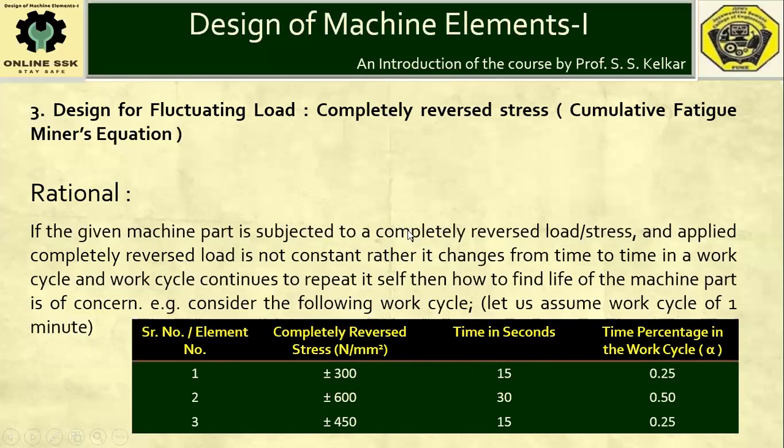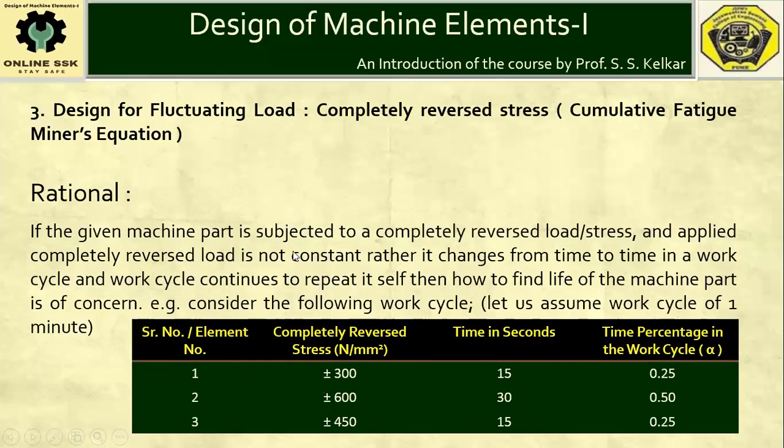Then the applied load changes and accordingly the induced stress changes to the value of plus minus 600 for the next 30 seconds. Afterwards, the applied load changes and so changes the induced completely reverse stress to the value of plus minus 450 for the next 15 seconds. And this cycle repeats itself.